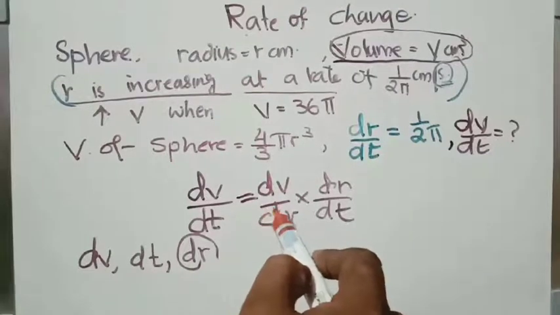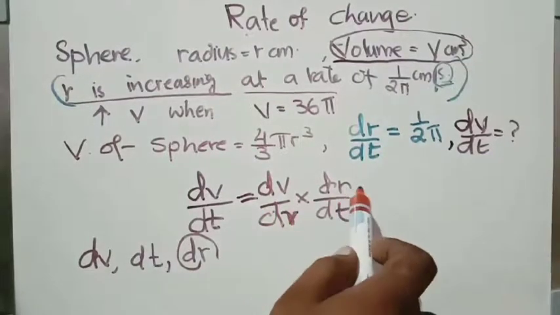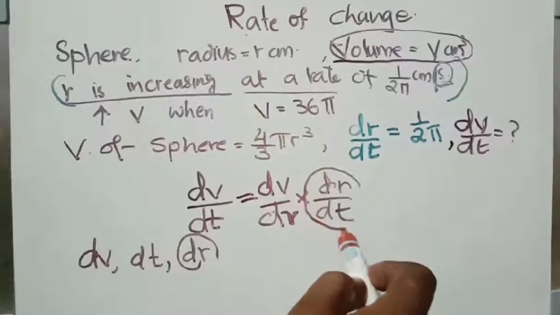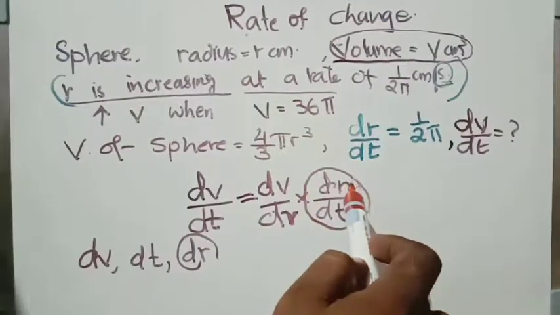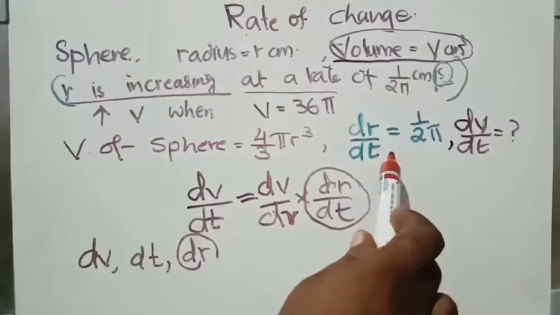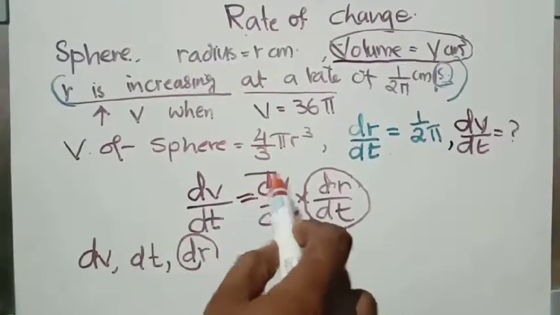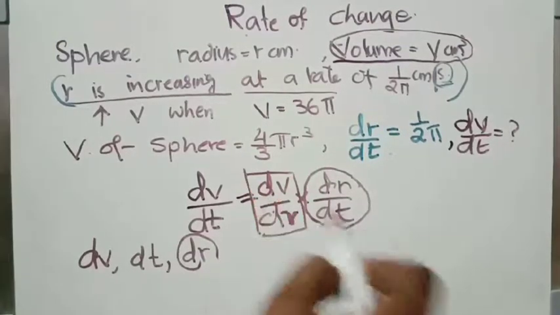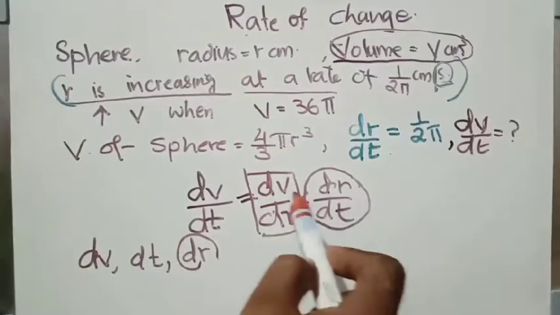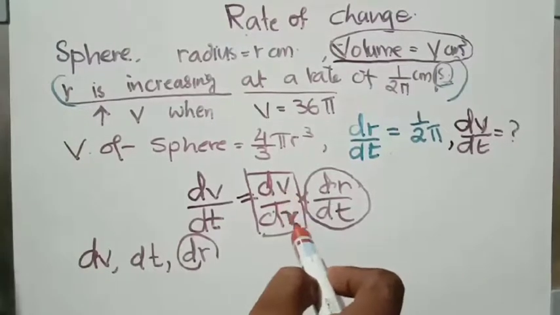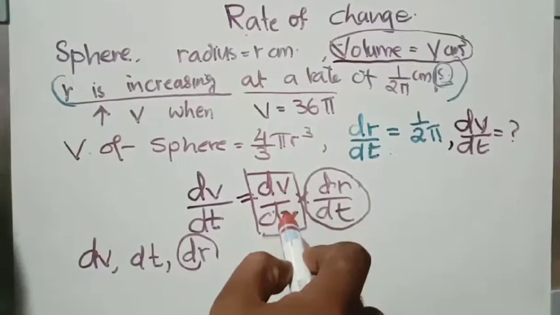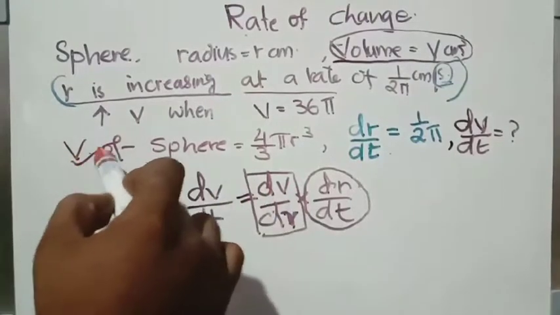Okay, now dr by dt, we know what is dr by dt. What is dr by dt? Yes, 1 by 2 pi. But we do not know what is dv by dr. We do not know rate of change of V with respect to R. To find out this one, this formula is given.